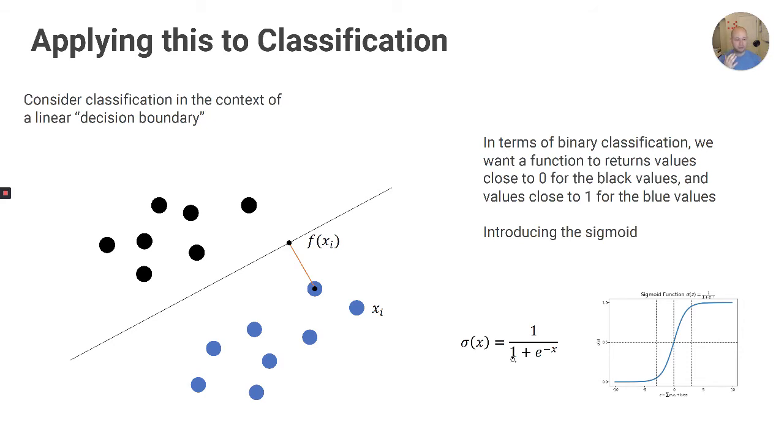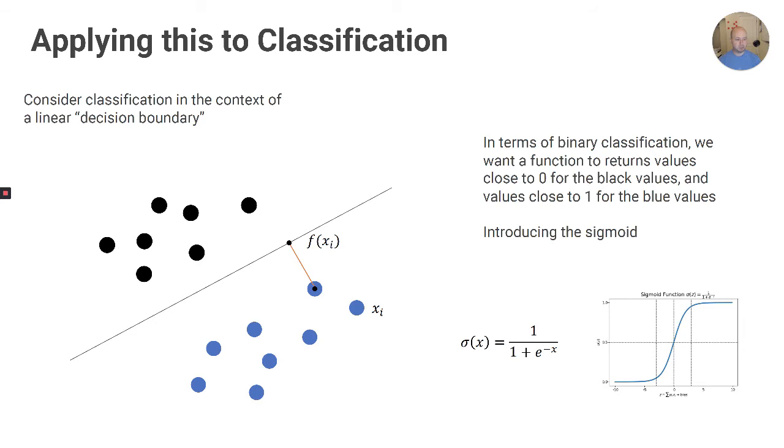Because if we have some way to input values into this equation, for things that are blue, we want a really, really high value. We want the theta times x, theta being the parameters, to be equal to a very high value. And for these black values, we want those to be closer to negative. Like we want to maximize the negative of those.